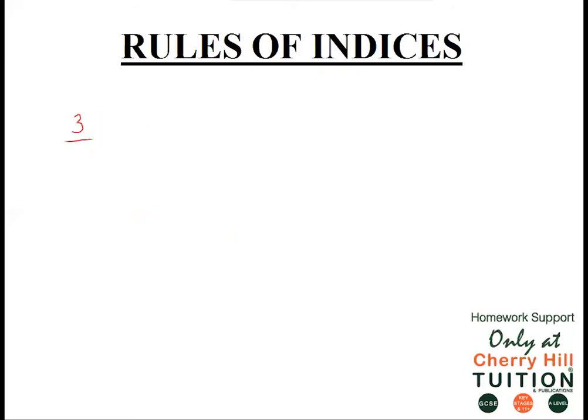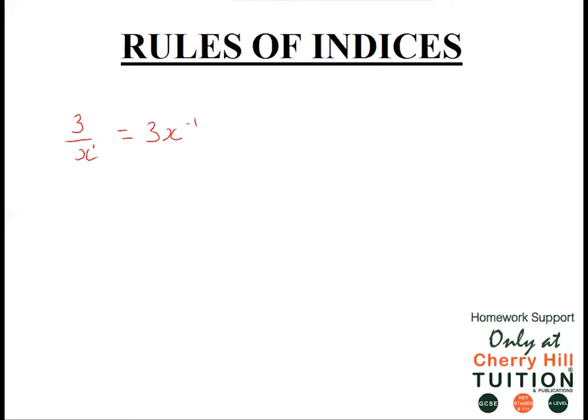Three over x can be written as 3x to the power minus 1. So currently the 3 over x, the x has a power of 1. So bringing it to the top, all we need to do is flip the sign in the power.